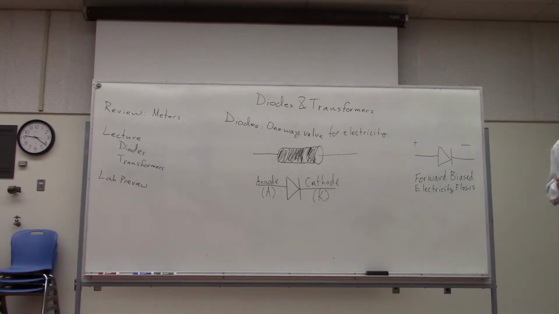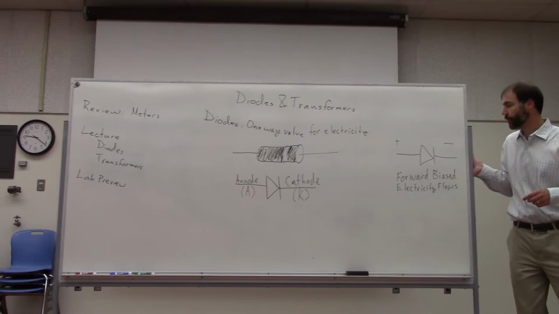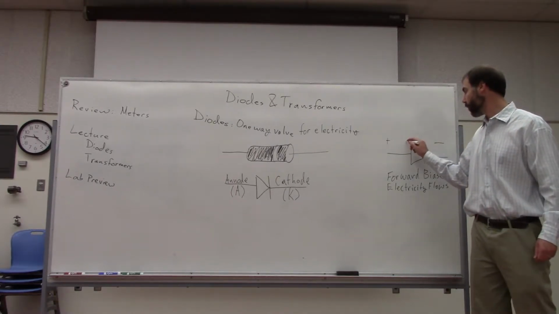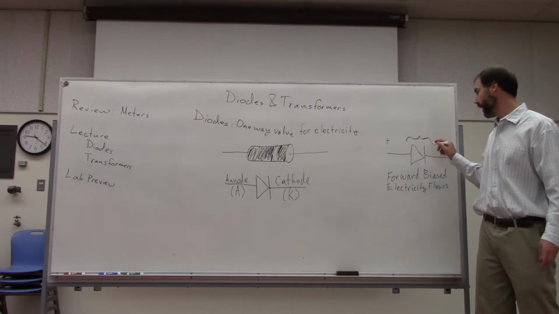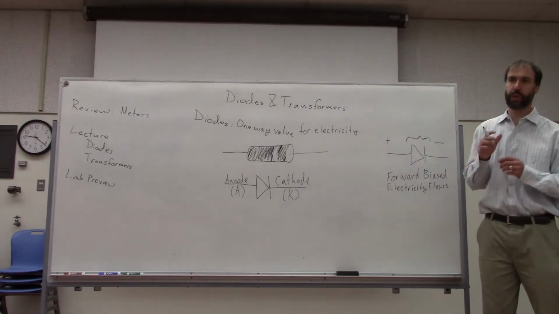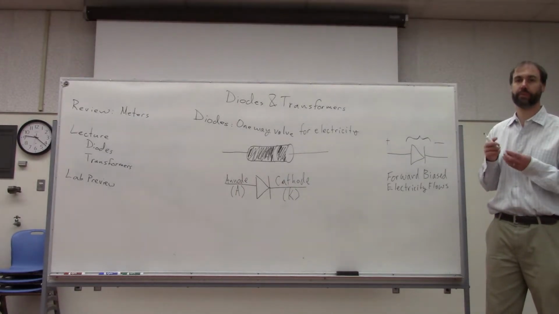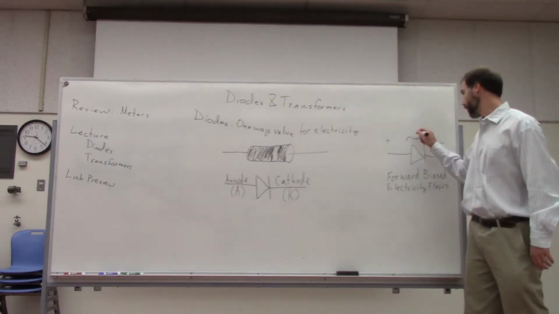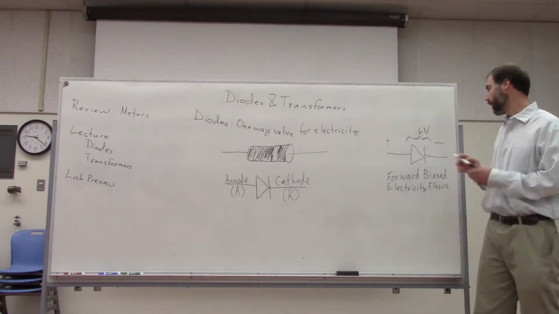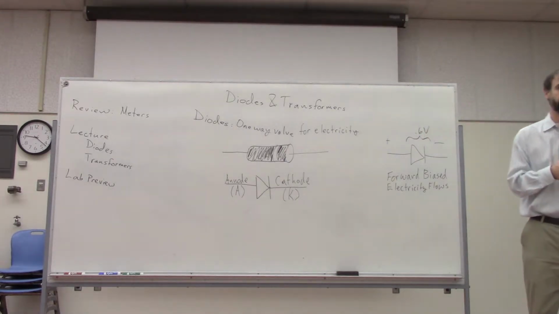Okay? And when the electricity flows through it, there is a small voltage difference between the anode and the cathode. It's usually somewhere between 0.5 and 0.7 volts. Okay? We'll call it 0.6 volts. It's not really precise.